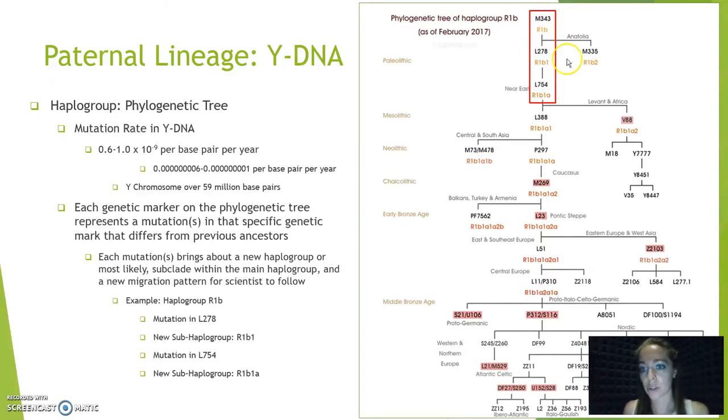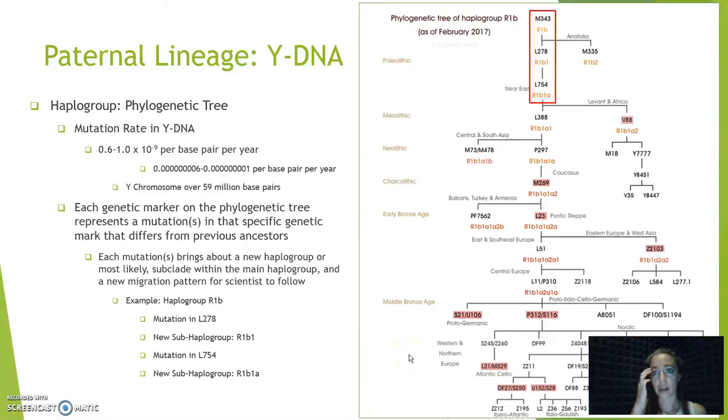As you go down this phylogenetic tree, you start off with R1b, a mutation occurred here on this genetic marker L278, which gave rise to the subclade R1b1. And then we had another mutation here at L754, a new subclade group, and then etc. It goes all the way down, and you can see it through different time periods.